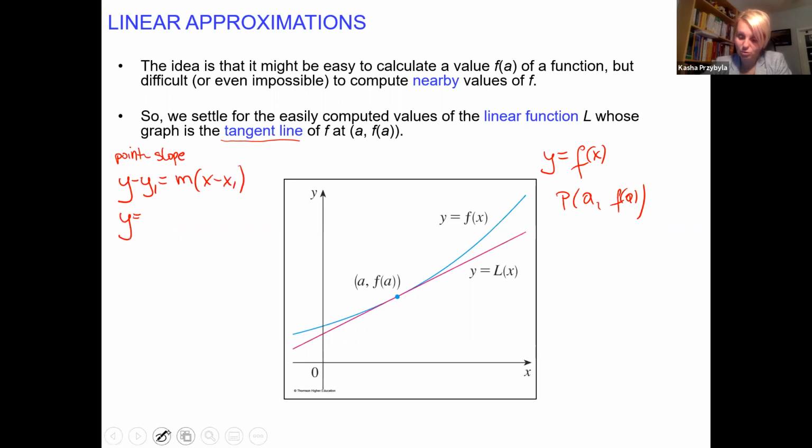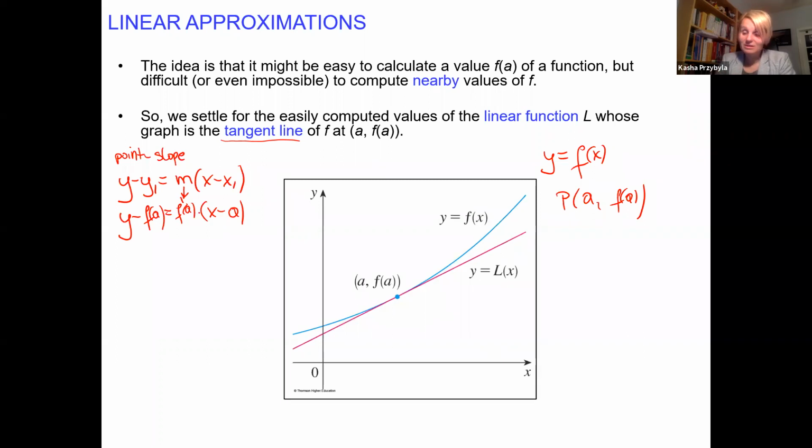The value of the function is f of a, and the x coordinate is a. And the slope, first question tonight, can you tell me how to define the slope of the tangent line? Do you remember? It's just the derivative, f prime at a.